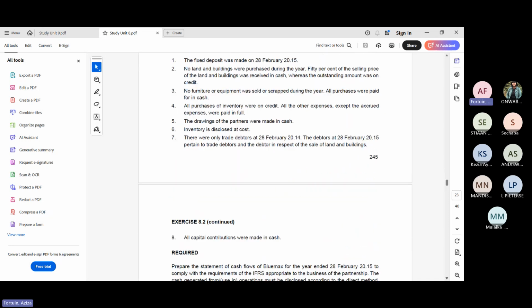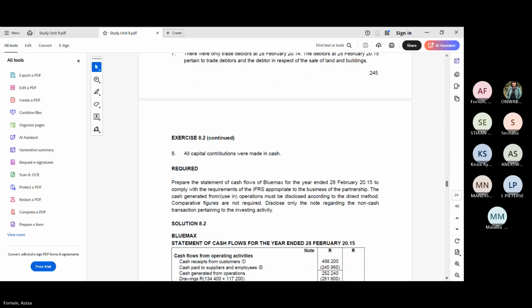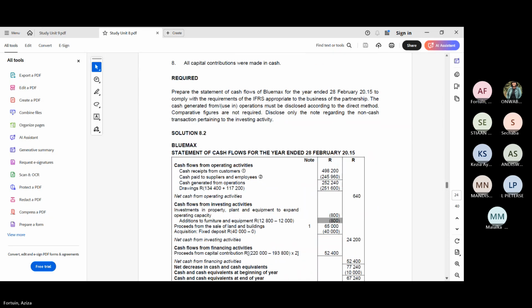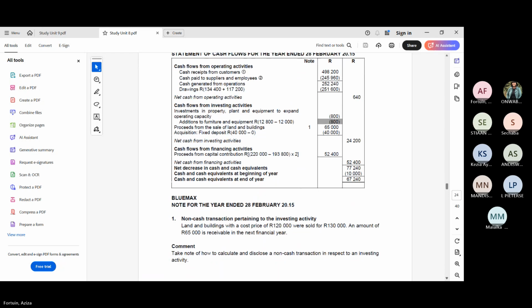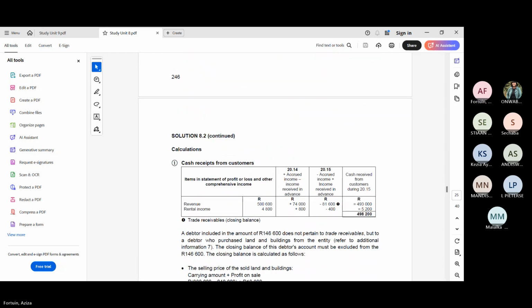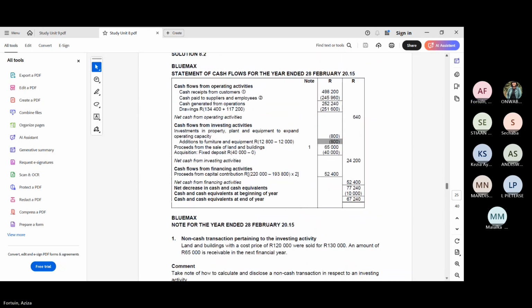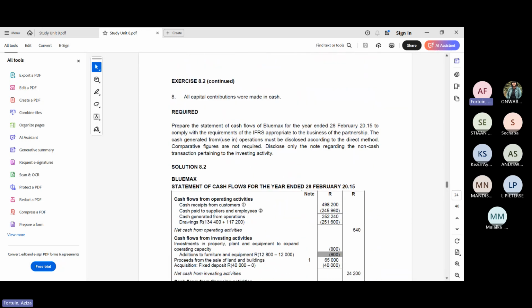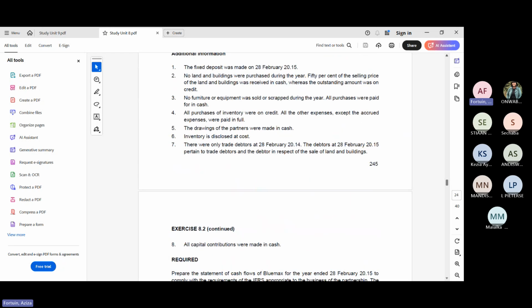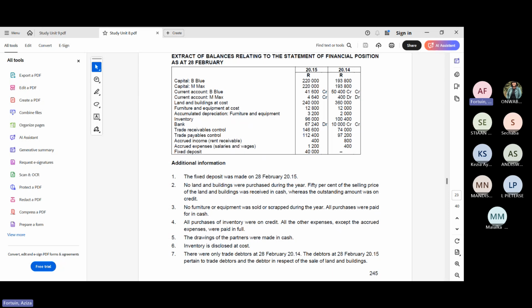We just look for an example here. Bluemax. Okay, let's look at Bluemax. Now I want you to take Bluemax's information and calculate it via T accounts for me. I hope we can all get this in now. Let me just copy it.